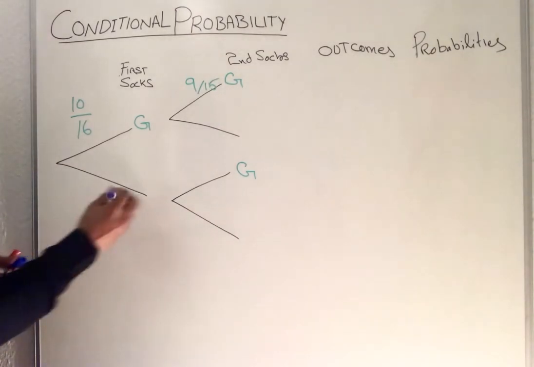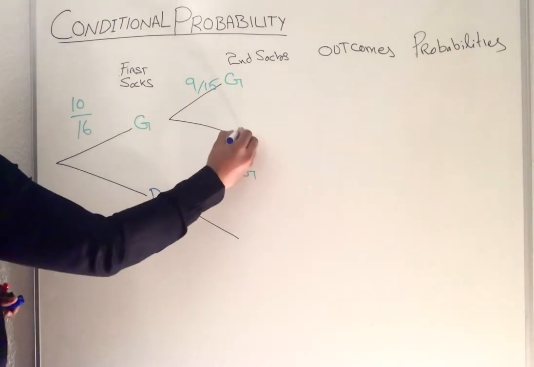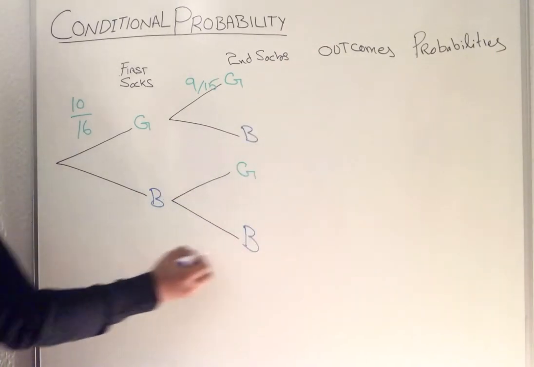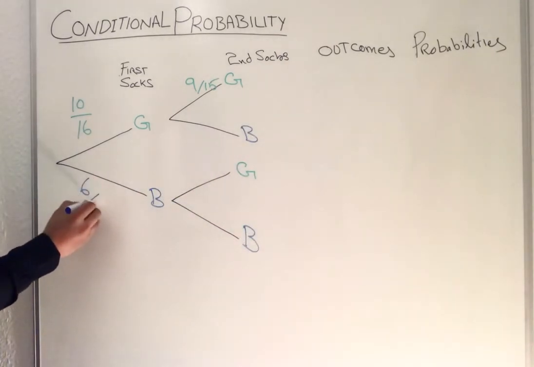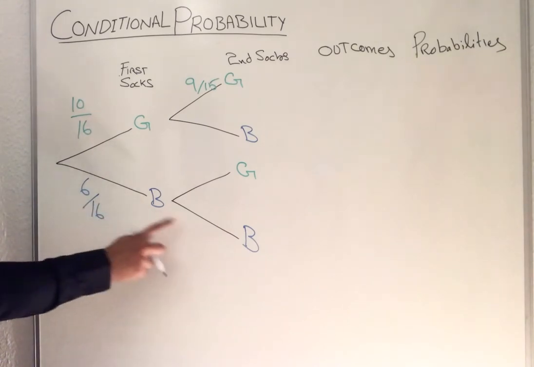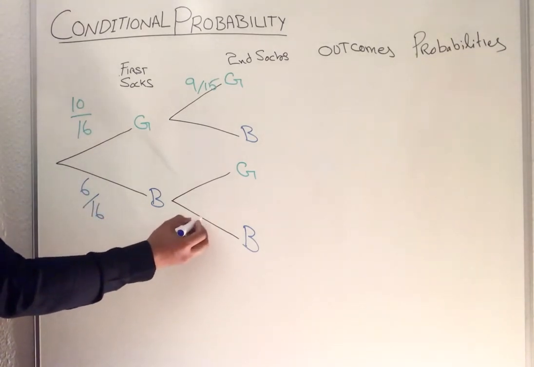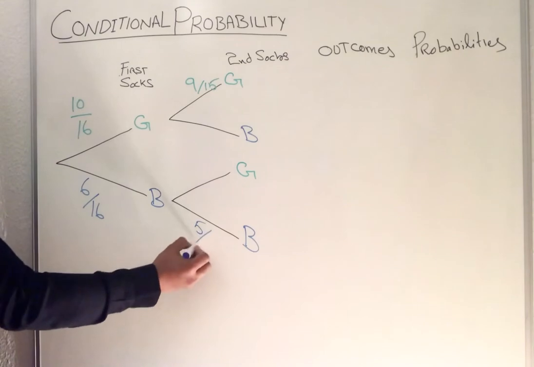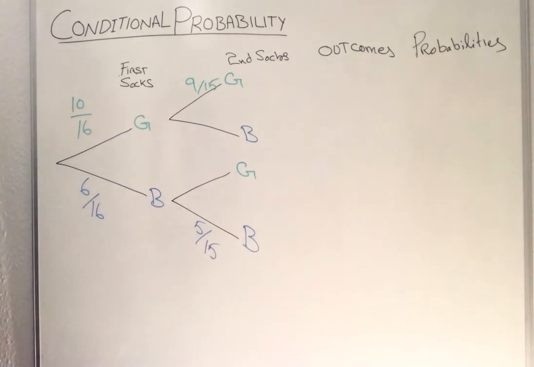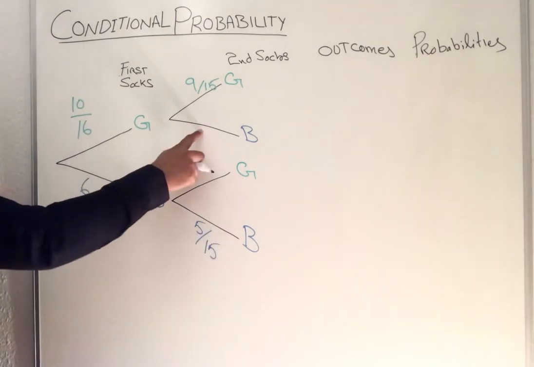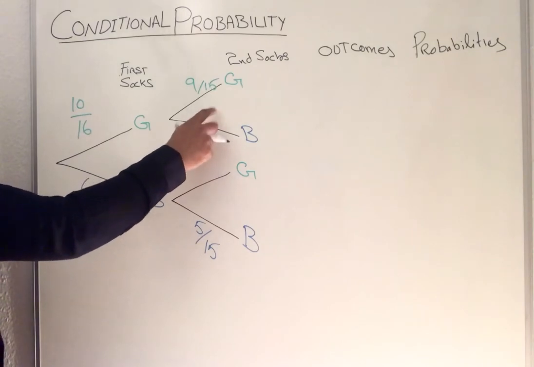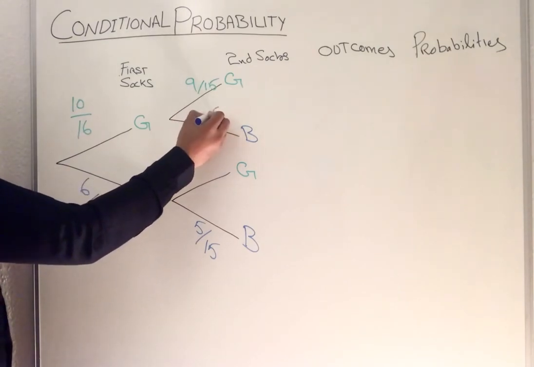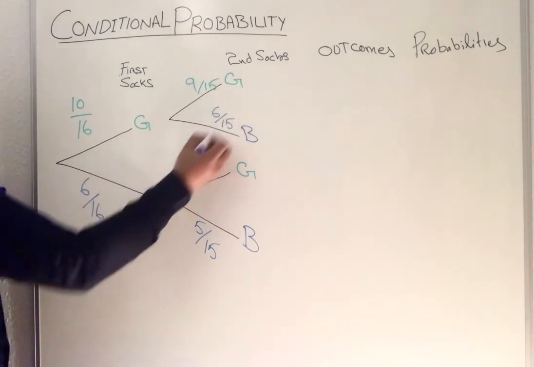And then we go here, blue, blue, and blue. Blue was 6 out of 16, and blue goes, so how many blues left? So 5 out of 15. In here, how many blues left? Blue was 6, so 6 out of 15.